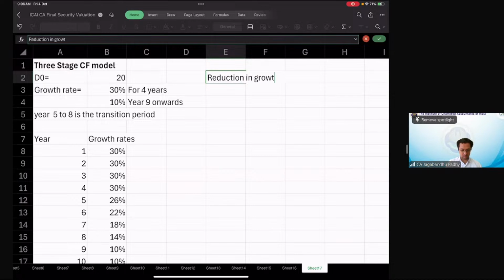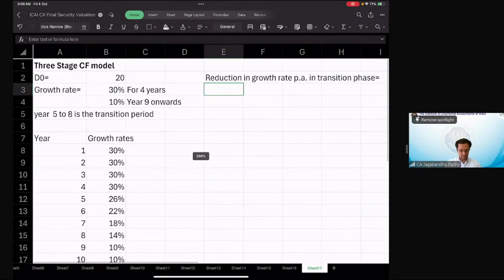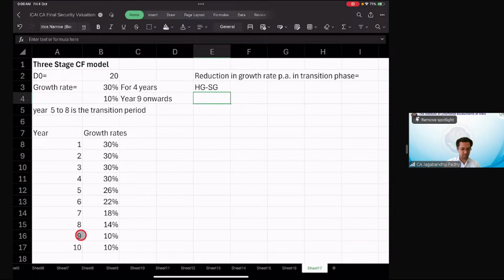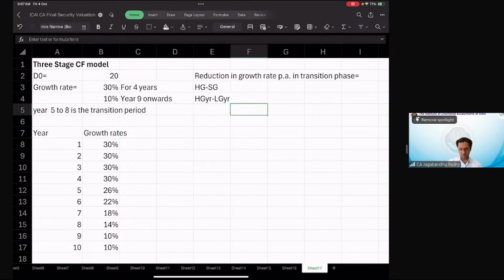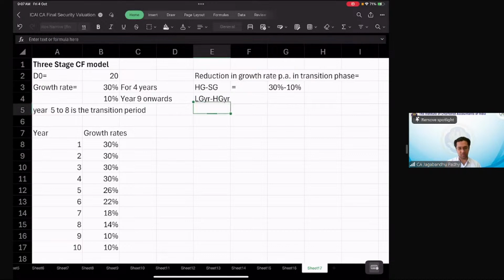The fall in growth rate per annum in the transition phase is simple: high growth minus stable growth, divided by the number of years. So we have used the same formula: high growth minus low growth.